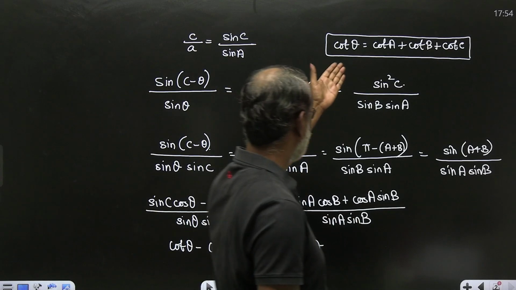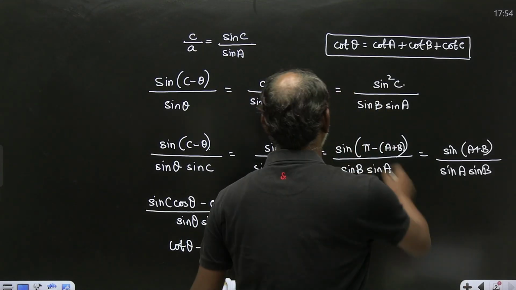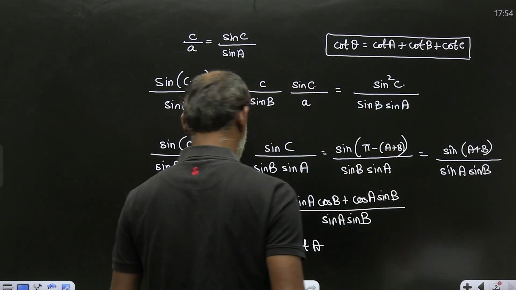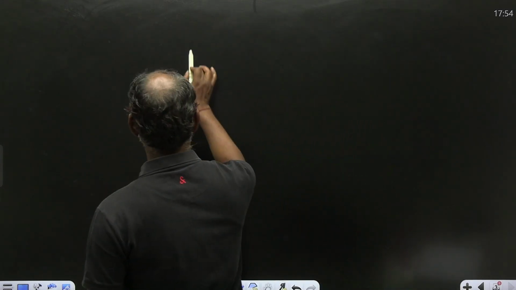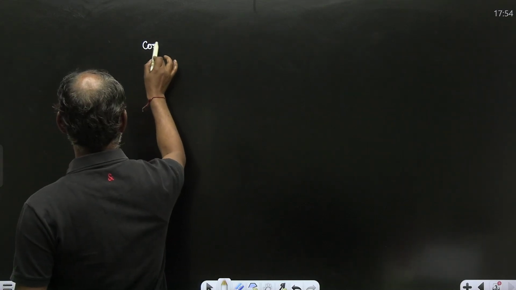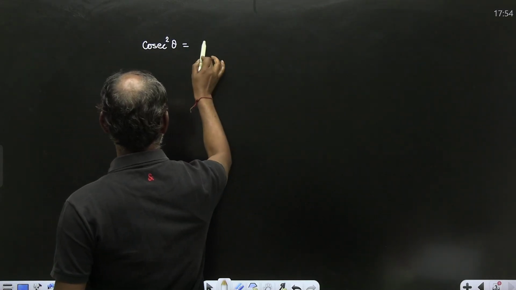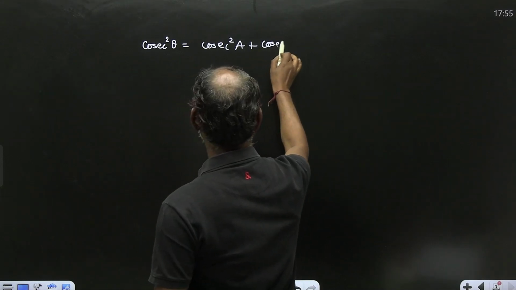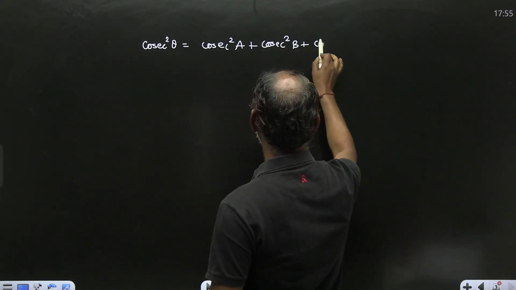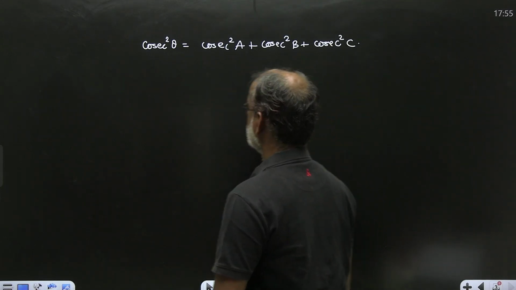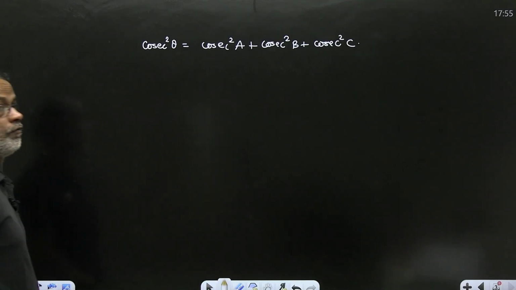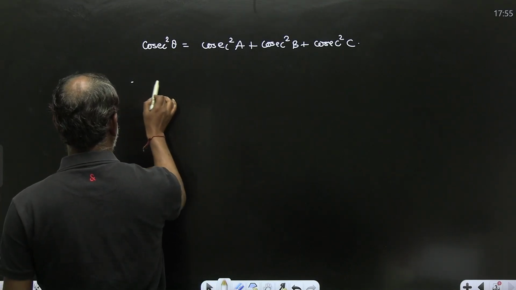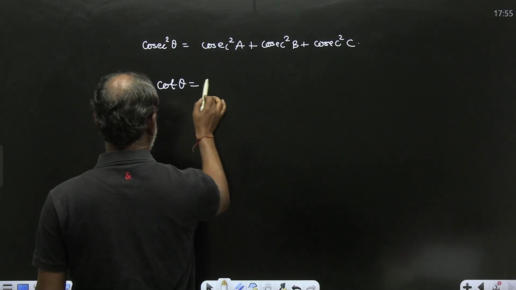Now, because of this fact, what did we prove? Here also somebody may ask you, show that cosec square theta is cosec square A plus cosec square B plus cosec square C in the previous problem. So how will we deal with it? The fact that is available to us is this.